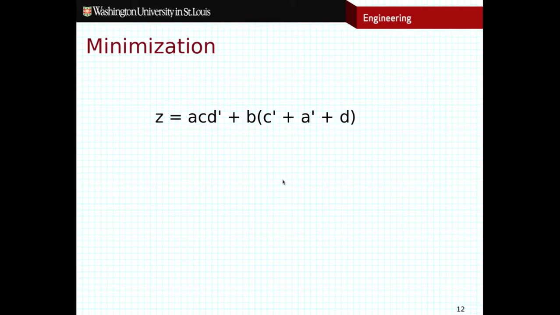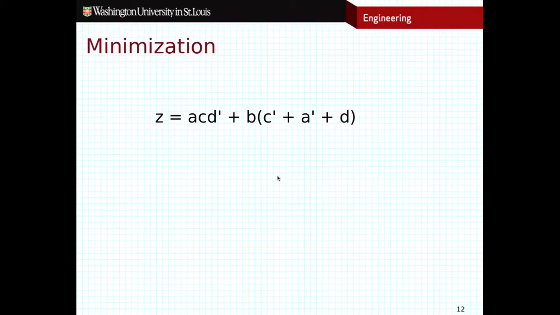We've only got a couple steps left, right? And so to finish this out, I noticed that actually this first term here, A, C, D naught, has the same terms involved as what's inside the parentheses, but opposite. So C naught, A naught, and D are the opposite of A, C, and D naught. And also the operations are the opposite as well. Here they're ANDed together, and here they're ORed together.